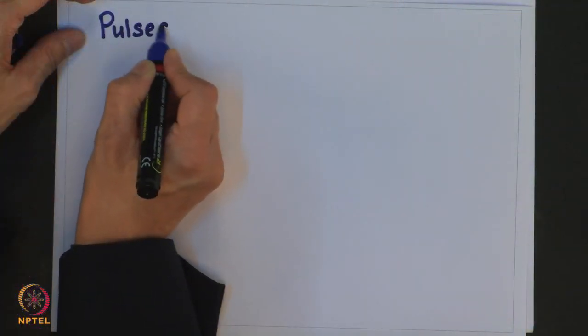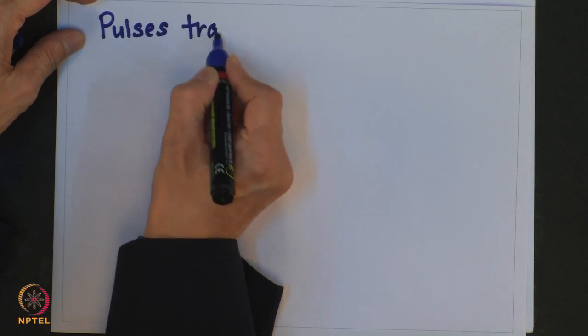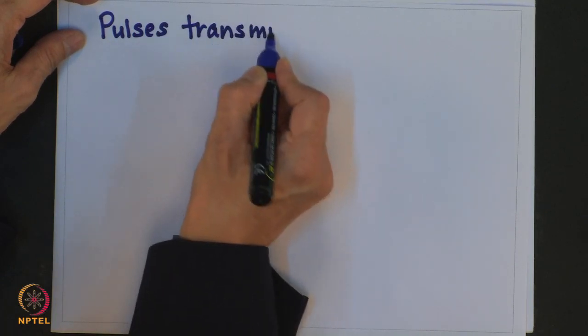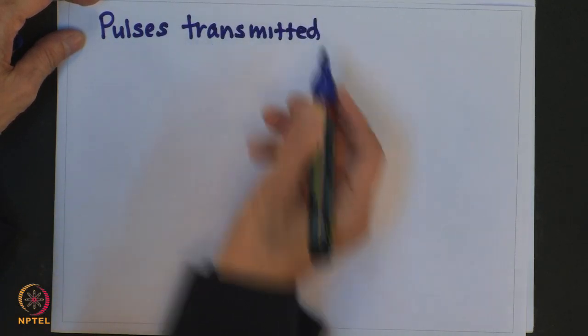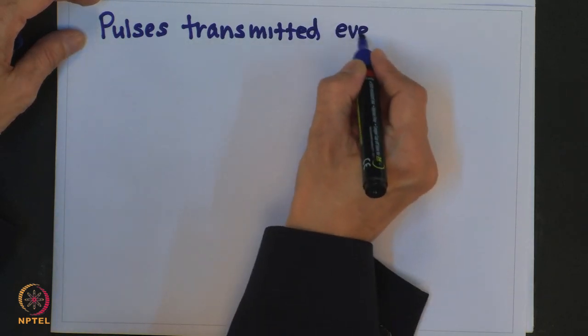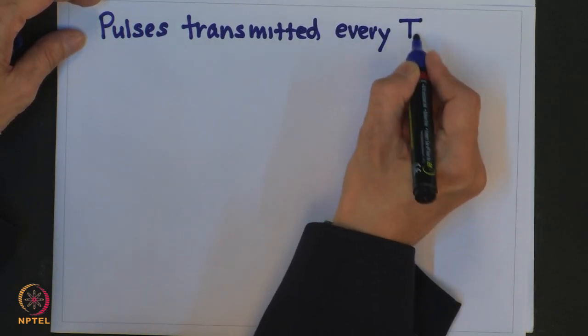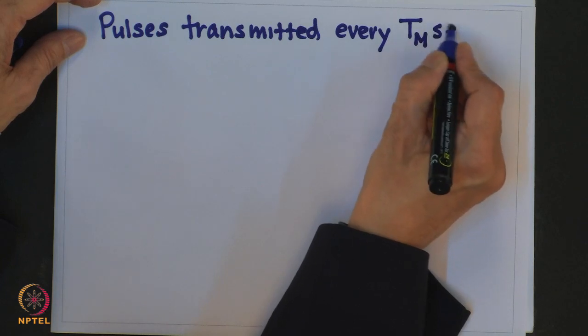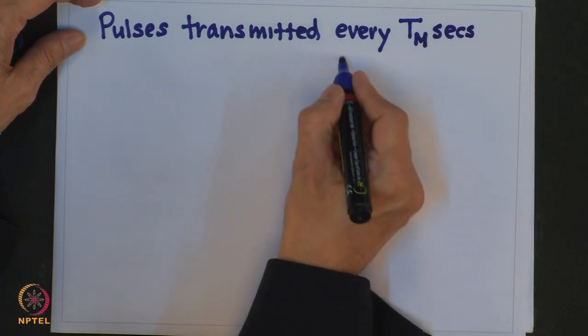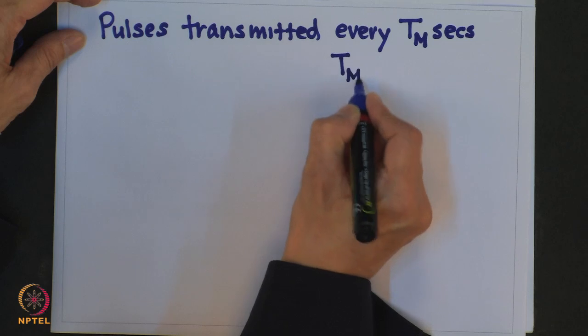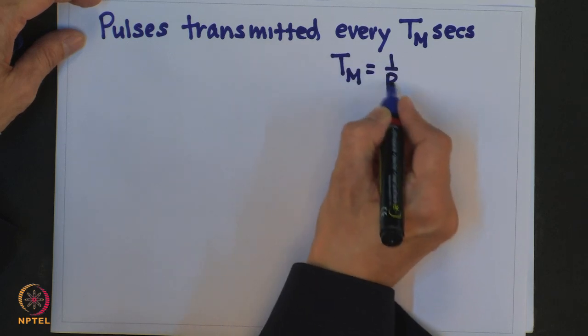Now, pulses are transmitted every T_M seconds. So, T_M is equal to 1 by the rate.